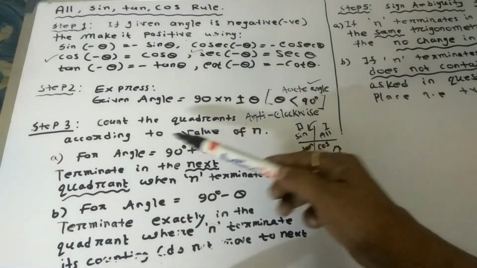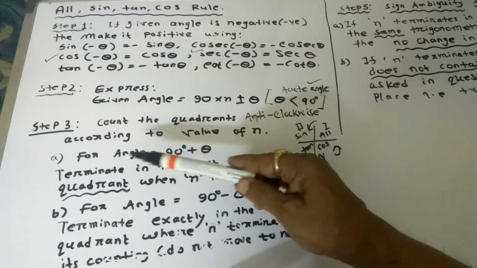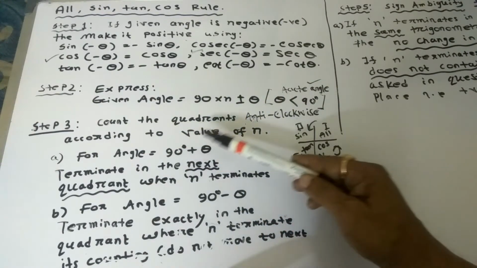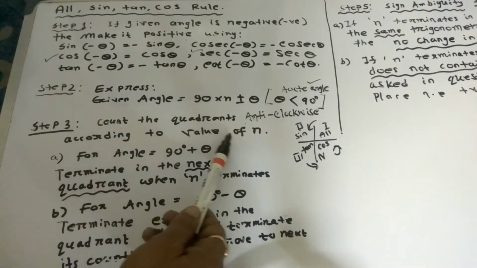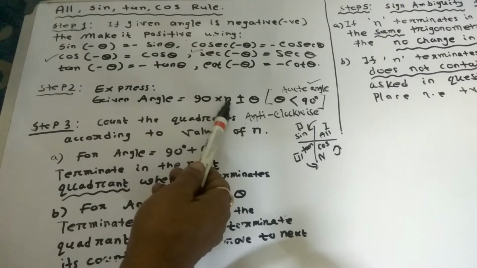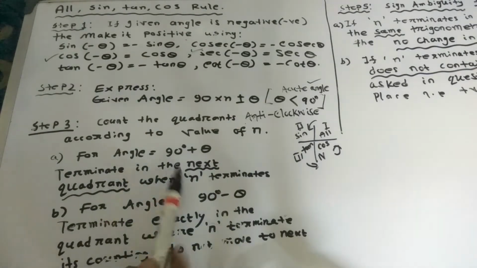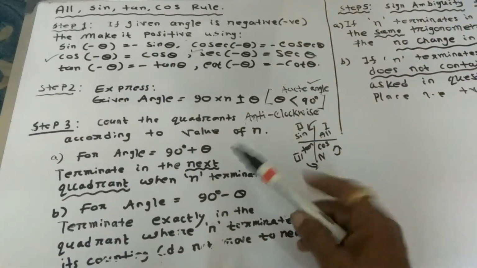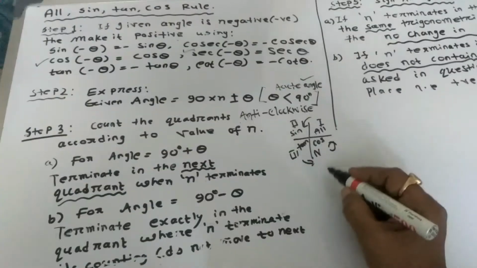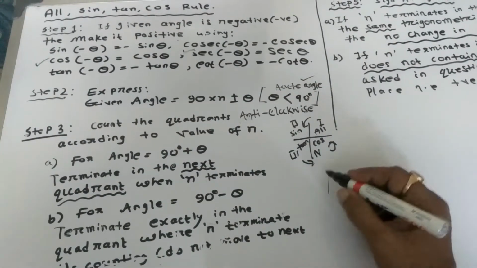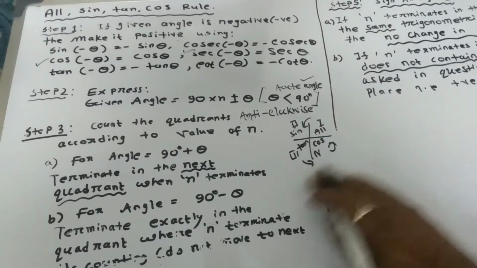Now for angle 90 n plus theta degrees, you shift to the next quadrant after where your counting stops. But for minus, you stay in the quadrant where your counting is completed.